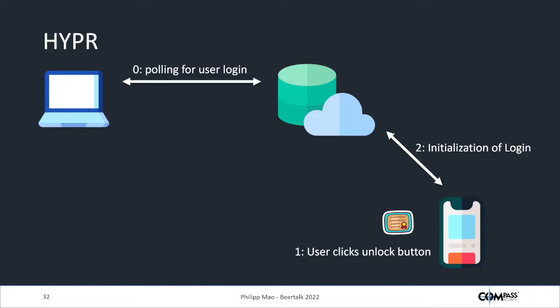Now, just remember, when I said in the beginning that HYPR actually caches credentials on the smartphone, what this means precisely is that the user's login certificate is stored on the smartphone. And so now once a login flow is initialized for that user and that computer, the HYPR app encrypts the stored login certificate and sends it to this HYPR cloud server.